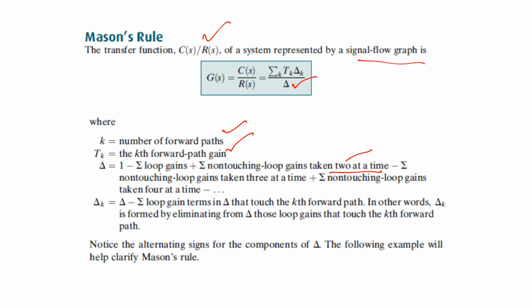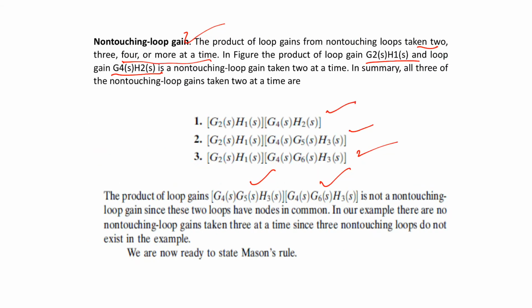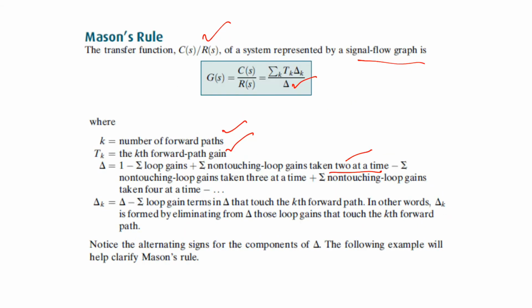There were 3 combinations taken 2 at a time. Next is minus the summation of non-touching loops taken 3 at a time, which was 0, plus non-touching loops taken 4 at a time, which was also 0. So delta is given by this.